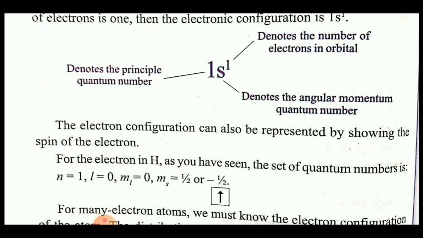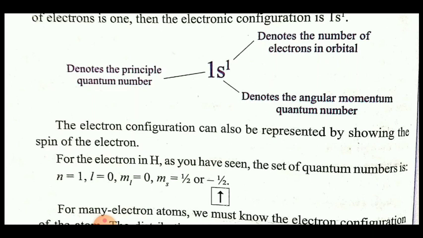To form the hydrogen molecule, two hydrogen atoms of different spin values only combine. Means in the hydrogen molecule there will be two hydrogen atoms.